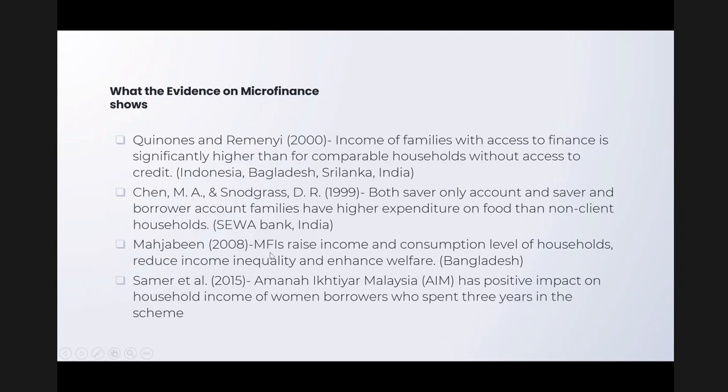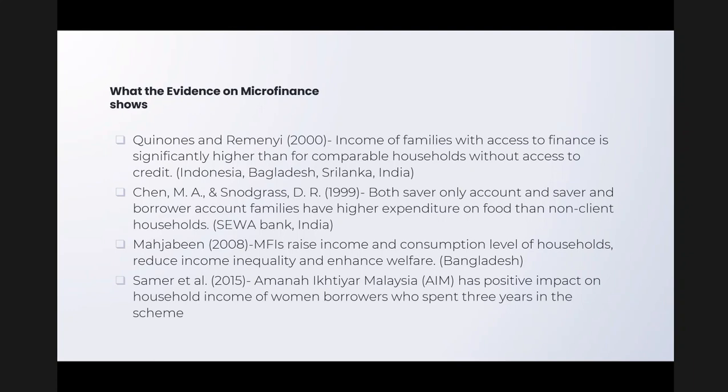Then Majabin has found that microfinance institutions, MFIs, raise income and consumption level of households, reduce income inequality, and enhance welfare. In Malaysia, we have one microfinance institution that is very large and has very good performance.